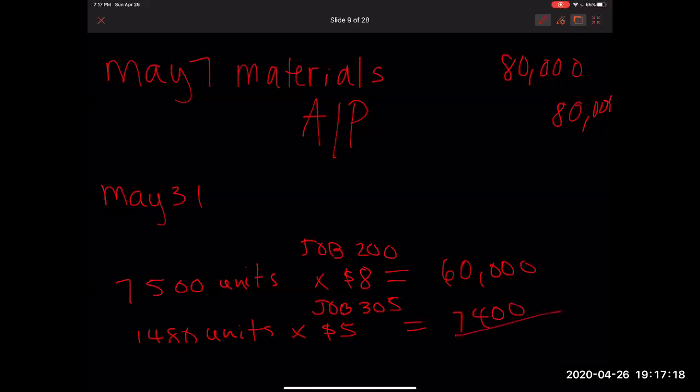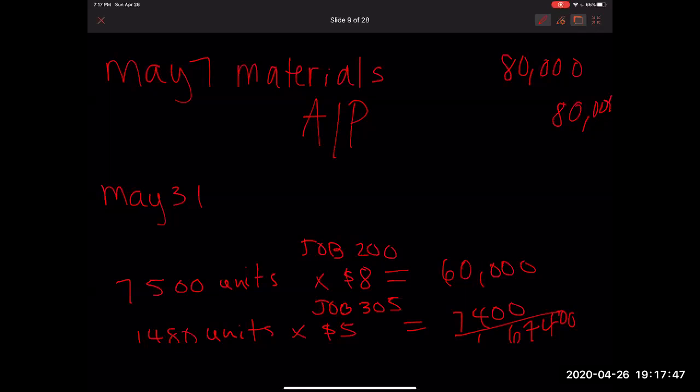So the total amount of the requisition, I would add those two up, 60,000 plus 7,400, and that comes out to 67,400. Okay. All right. So what does my journal entry look like?